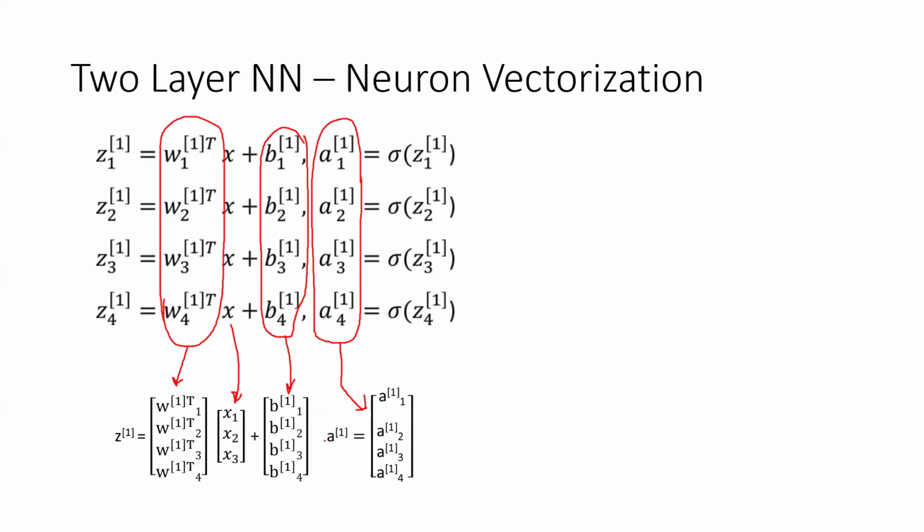So this A1 is the vector of all the activation outputs of all the neurons in the first layer: A11, A12, A13, A14. These are the activations of the first layer that you can get from this neural network.